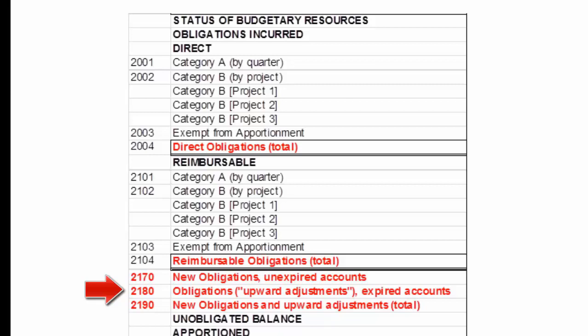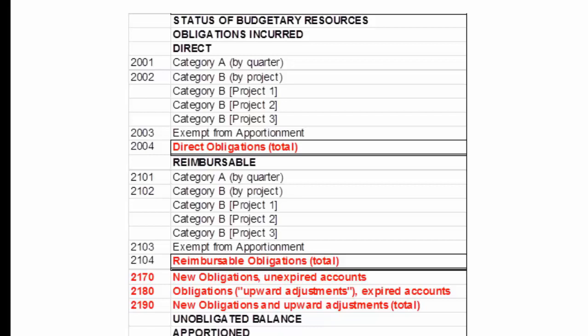These occur, for example, when an estimated obligation is billed for a higher amount than had been recorded. Notice that the SF133 provides a bit more detail than the apportionment. On the SF132, or apportionment, apportioned amounts are not typically distinguished between direct and reimbursable.